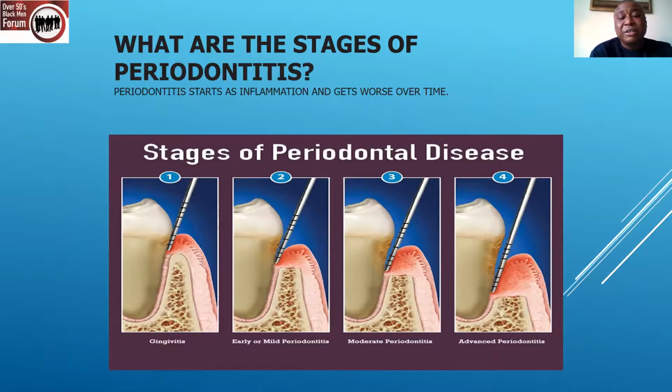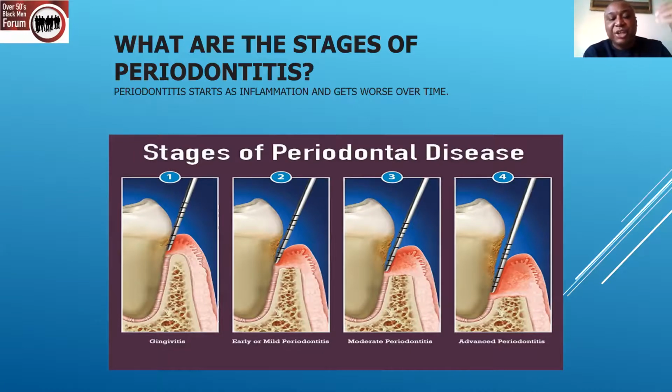Like I said, gum disease can be divided into gingivitis or periodontitis. Gingivitis is just an inflammation of the gum, and once that is sorted out, there's no permanent damage done to the tissues of the gum. Once you go into the next stage, periodontitis, you now have permanent damage.